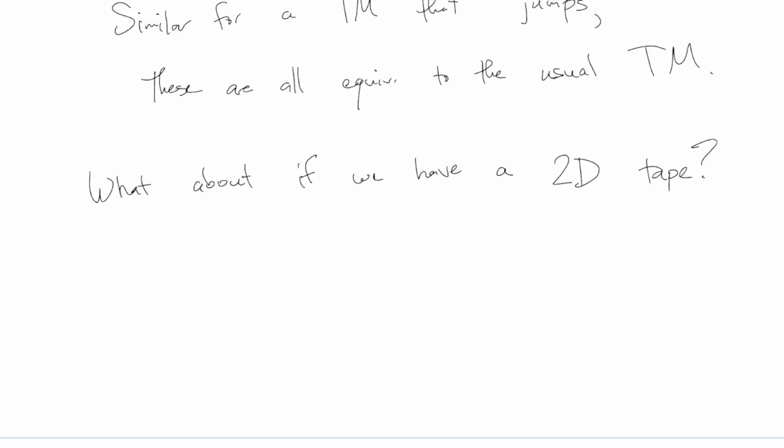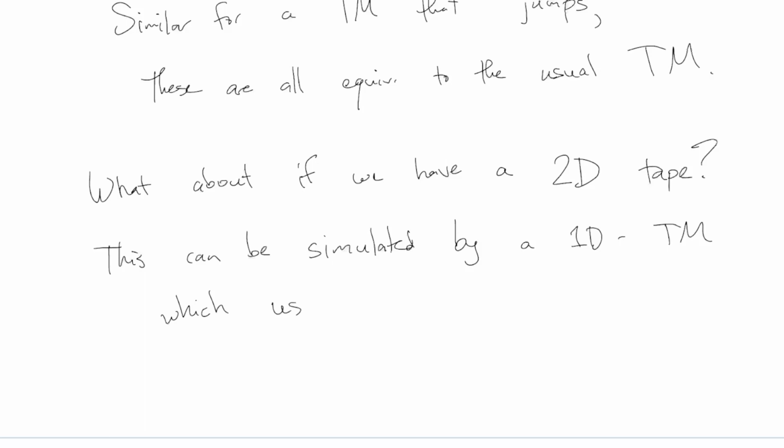The answer, again, is no. So what if we have a 2-dimensional tape? I will say this can be simulated by a normal, 1-dimensional Turing machine which uses pairs on the tape.